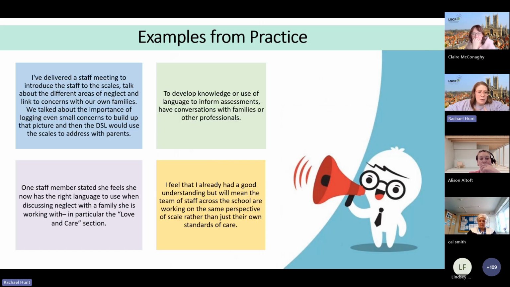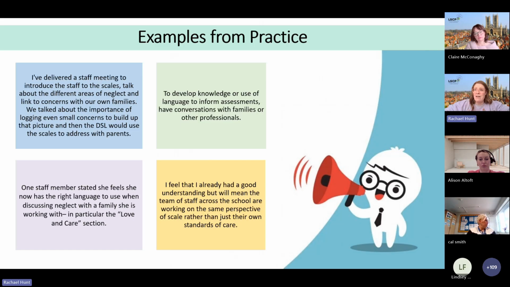We had a really nice example. Claire and I went and delivered, I think it was to LCHS, their Safeguarding Champion Forum. As we were talking through it, someone there said at the end, now that she'd seen the scales, we've got a section in there which is around love and care. And that is one of the key areas that people find really challenging to respond to, because everyone's got their own experience of love and care.